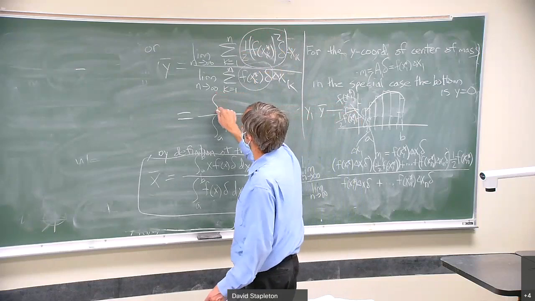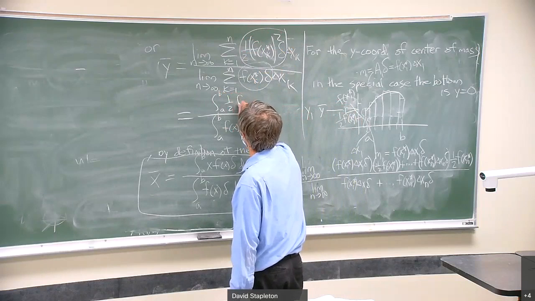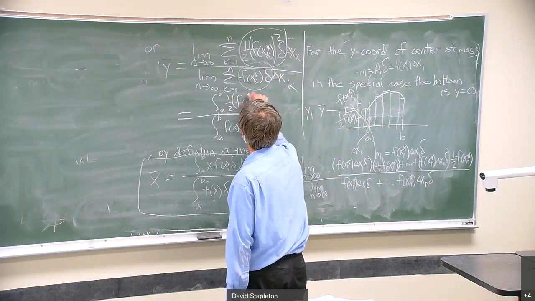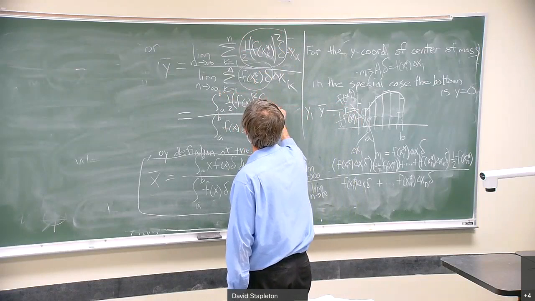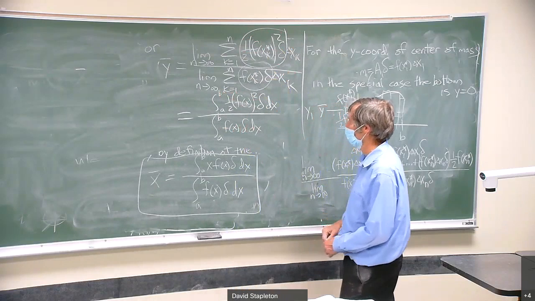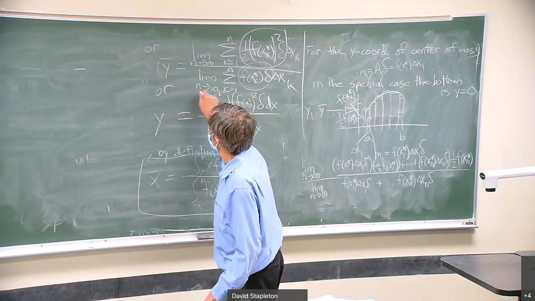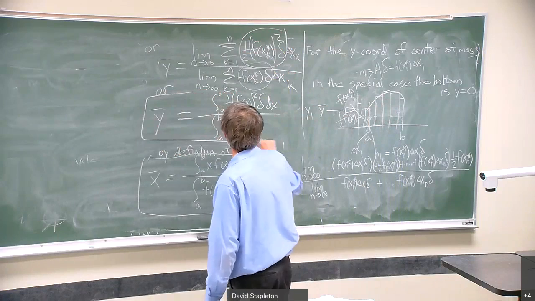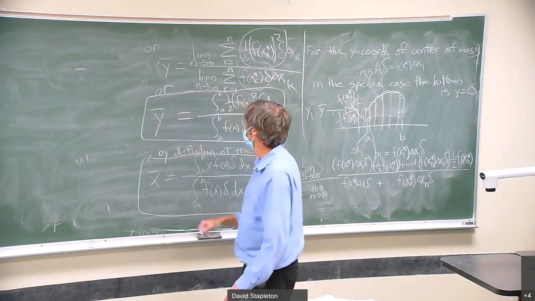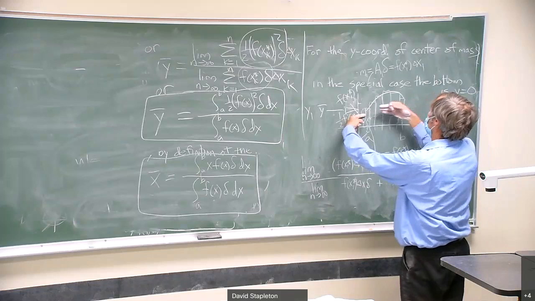So the top one is the integral from a to b of 1/2 f of x squared delta dx. This, by definition, is this one. That's what the definite integral means. And this is the center of mass in the y direction. The point you can put your finger and balance the lamina if gravity pushed this way.